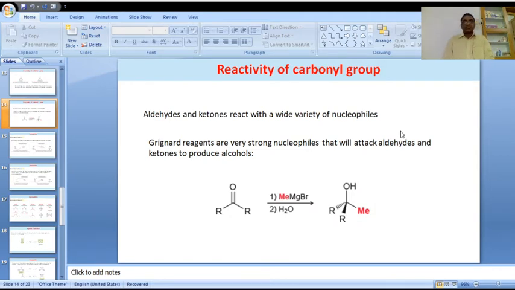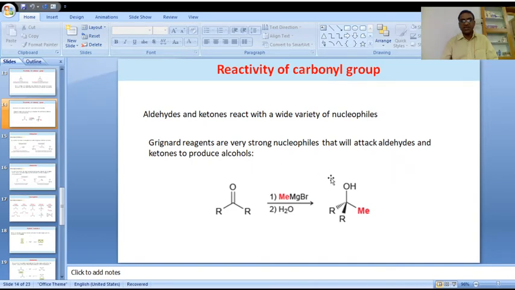Here, aldehydes and ketones react with a wide variety of nucleophiles. Here we are using the reaction with the Grignard reagent. Grignard reagents are very strong nucleophiles that will attack aldehydes and ketones to produce alcohols.